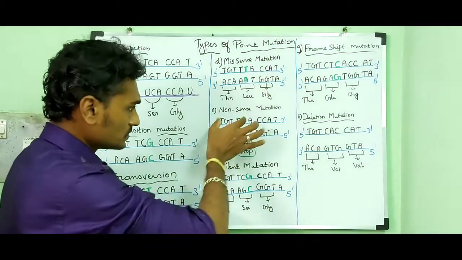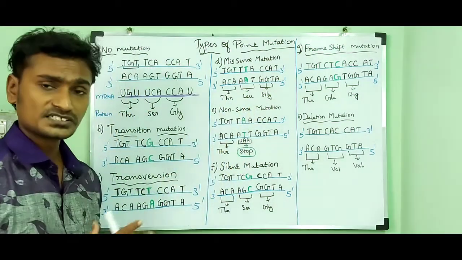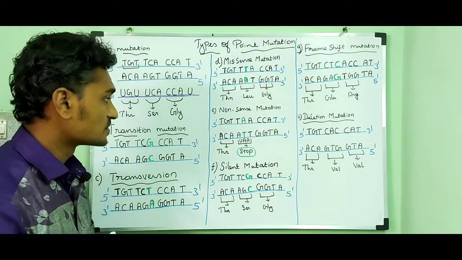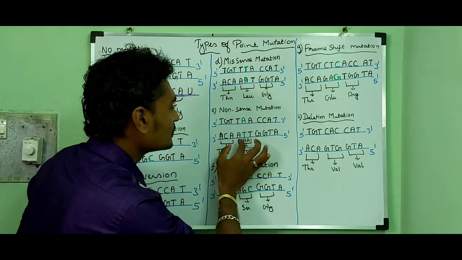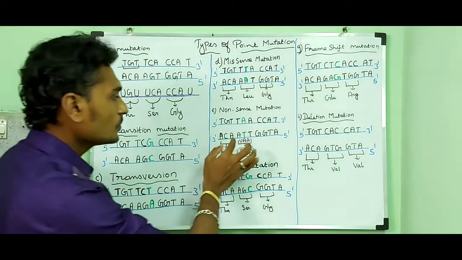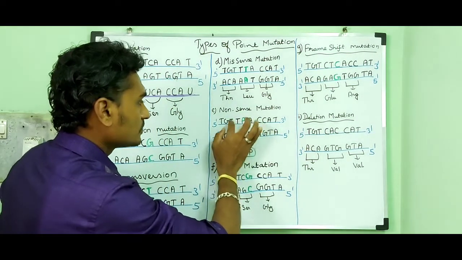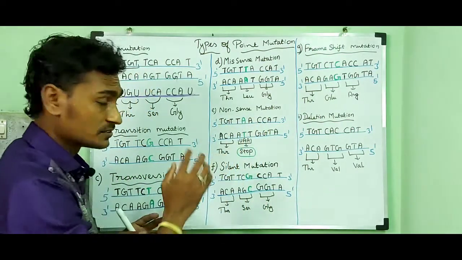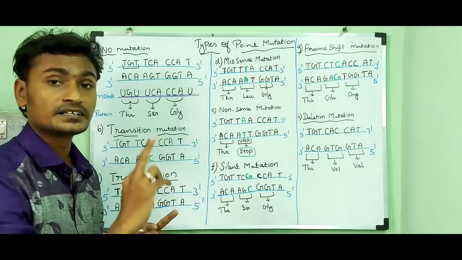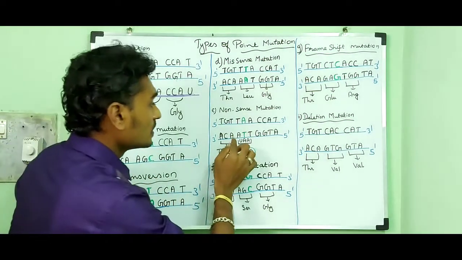So due to nonsense mutation, they are producing a codon called UAA. So this sense strand or the coding strand undergoes a transcription process. So it is an mRNA, isn't it?